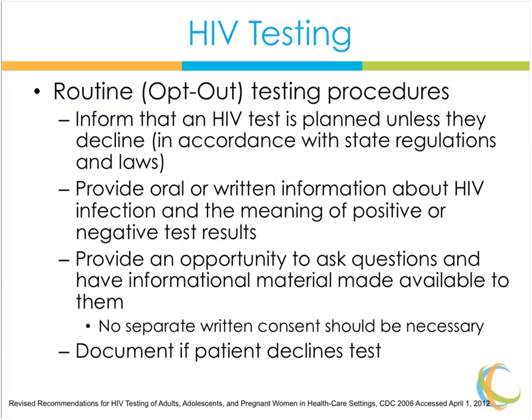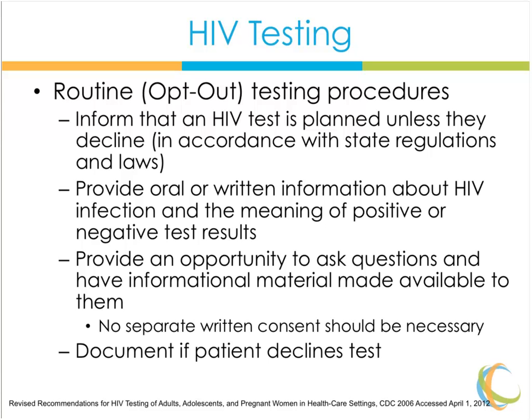It's important to provide at least oral or, if possible, written information about HIV infection, and really important to talk about what the meaning of a positive or negative test result is. It's also important to provide an opportunity to ask questions and have informational material available readily if it's asked for by the patient.